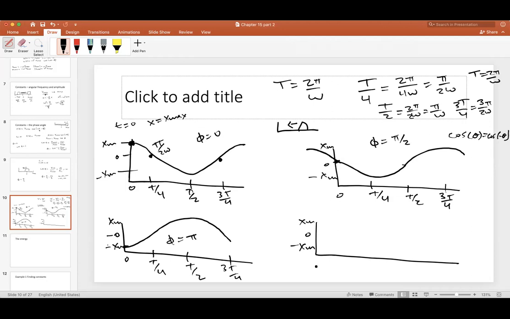So the last thing I want to show you here is those are all easy to understand, right? But what about if it's some weird place, like it starts halfway at x max over 2, right?